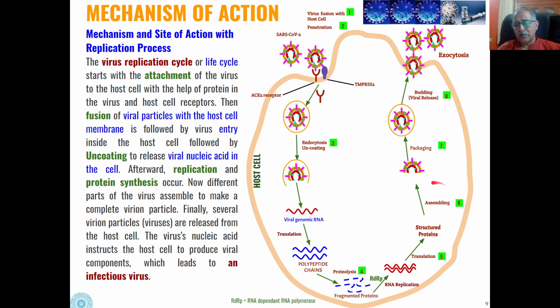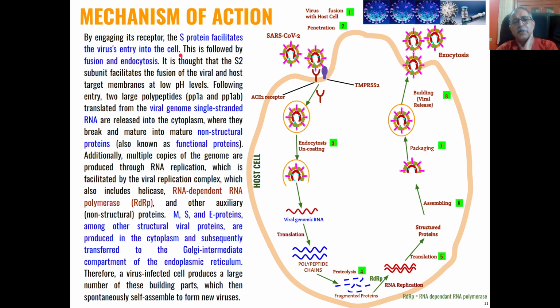Then assembly of these structural proteins through packaging again forms an infected virus, and this through budding is released into the body. So this is how an infected virus is released in the body of the human.